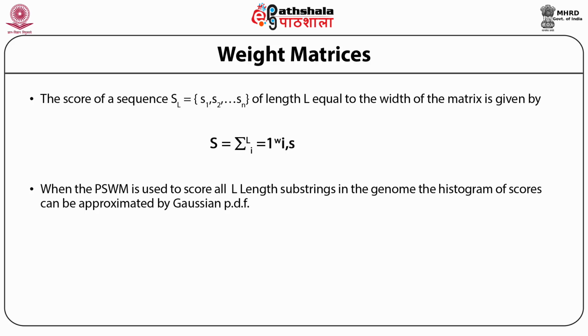Now when I do this, because I'm adding up these scores at a particular position, in statistics there is something called the central limit theorem, which tells us that the distribution of the score will be a perfect Gaussian.